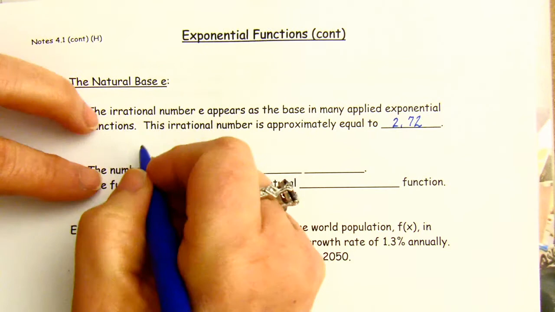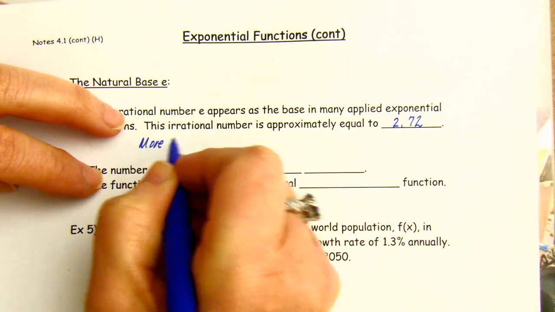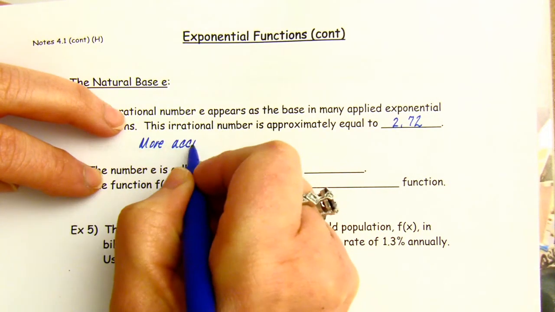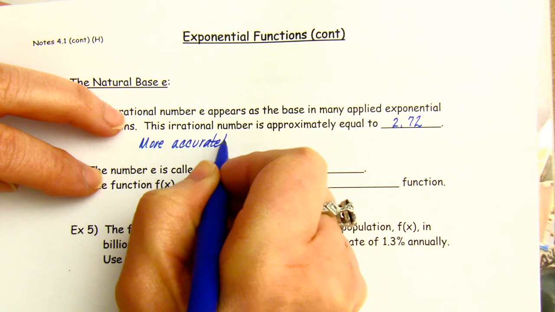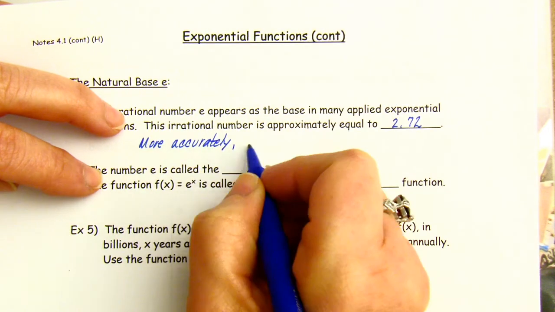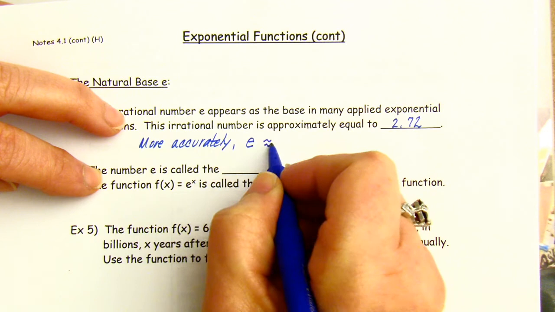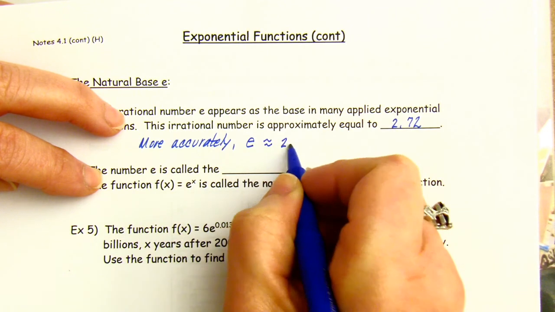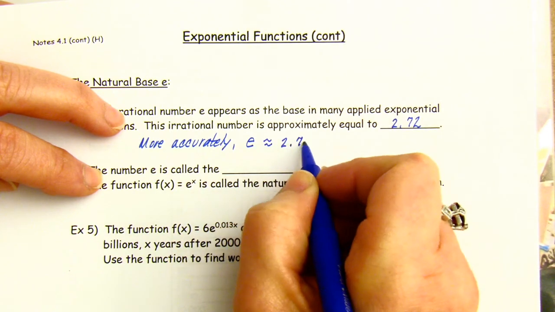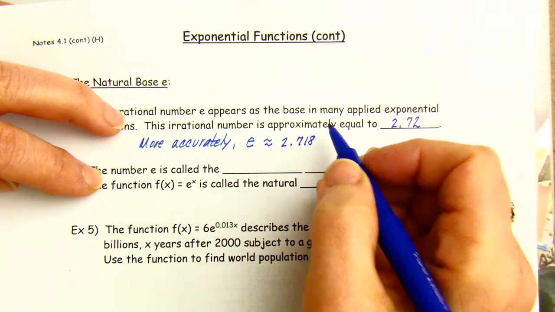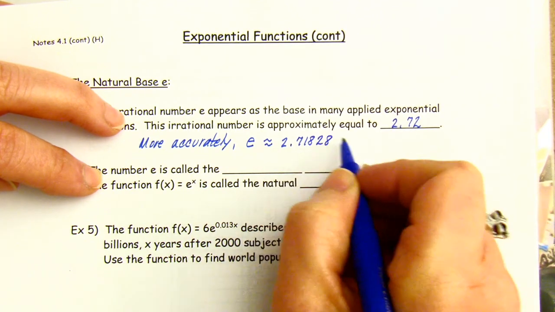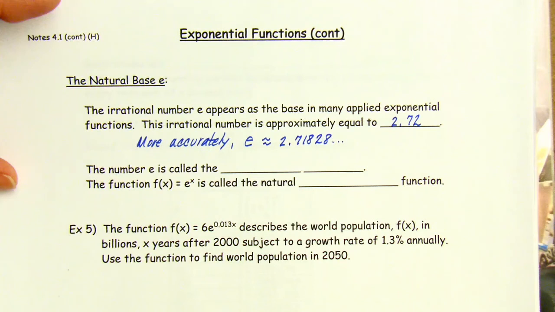More accurately, e is approximately 2.71828, the ellipses indicating that it keeps going, doesn't repeat, doesn't stop.